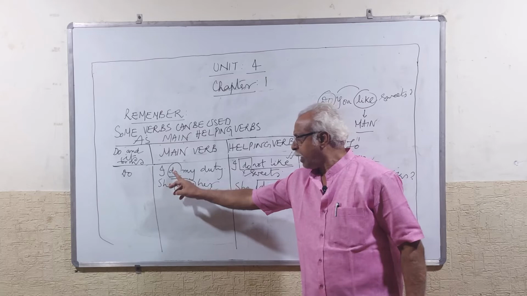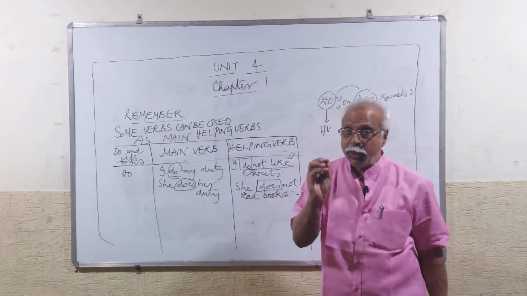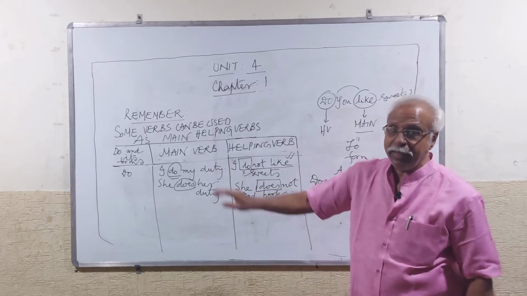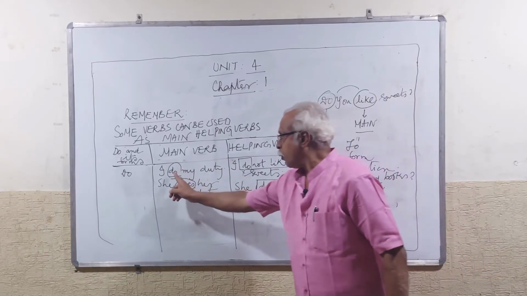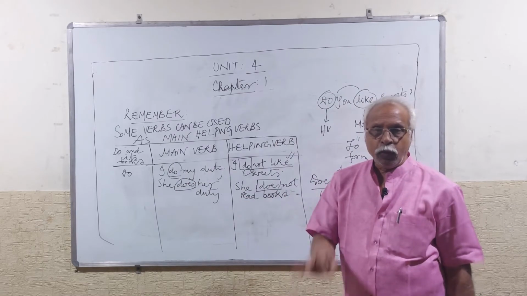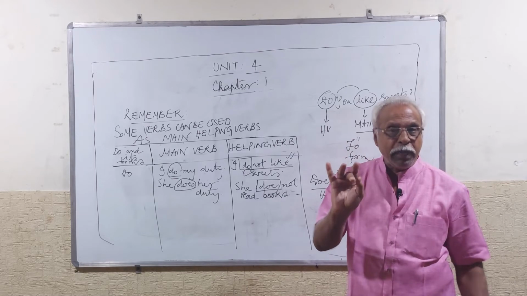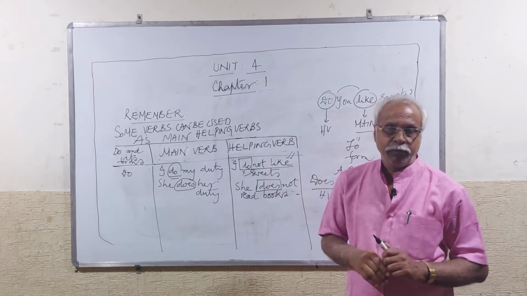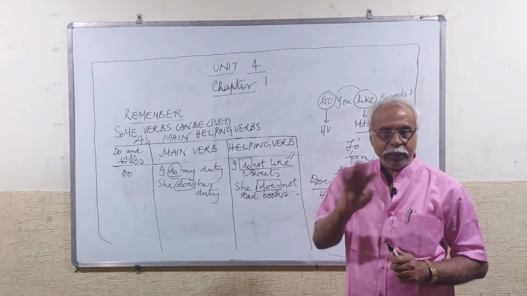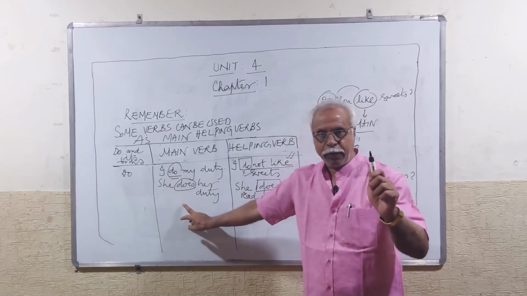Is there any other verb in the same sentence, either before do or after do? No. When do, does, did are found alone without any verb, they become main verbs. Do, does, main verbs here.